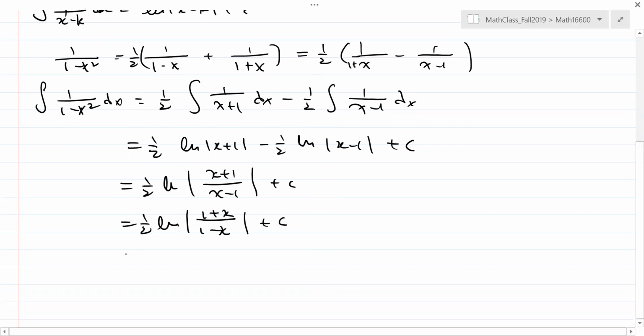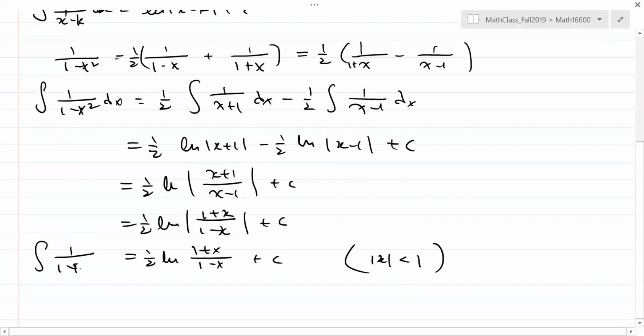So you can simply write the log of 1 plus x over 1 minus x plus constant. Here we put the restriction on x. Otherwise, if x is larger than 1, then this is not true. So you can also have an expression without the absolute symbol if you assume absolute x is less than 1.